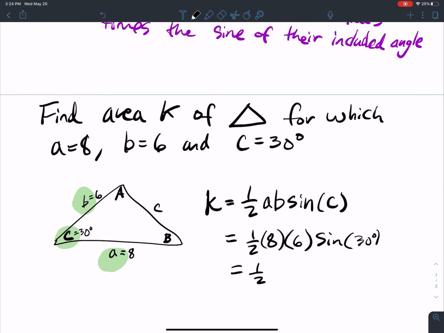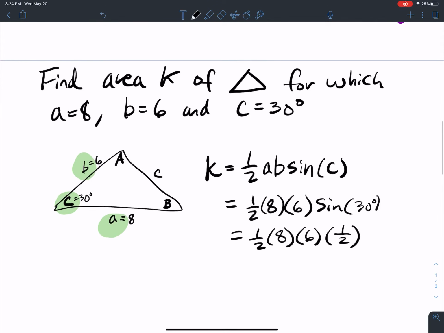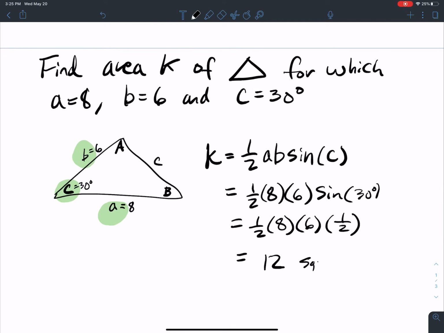So 1/2 times 8 times 6 times sine of 30, which is 1/2. So what is that, 12? 12 square units. All right, 12 square units. That's the area of that triangle.